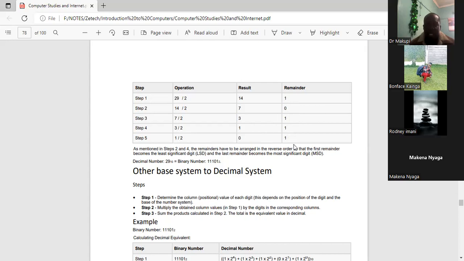Now, how do you write this? You write going upwards from the least to most significant digit.